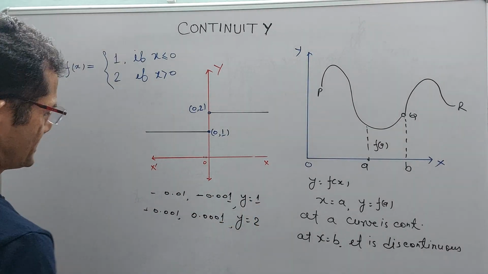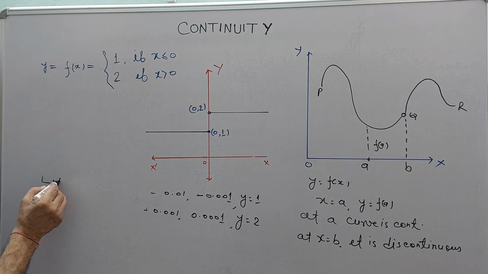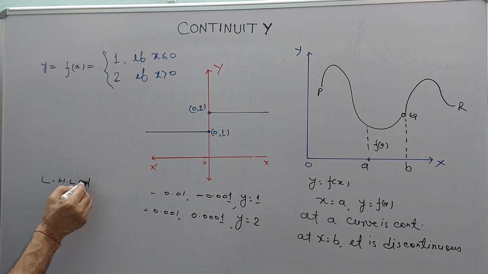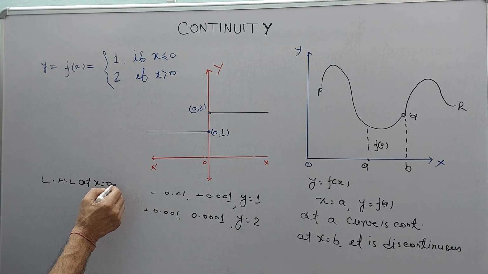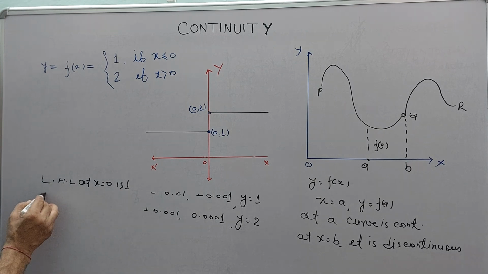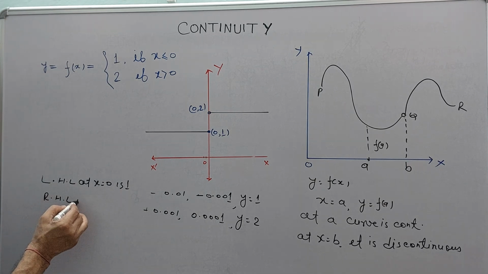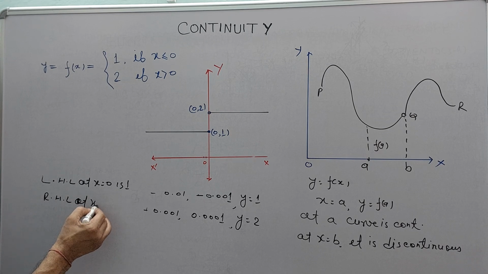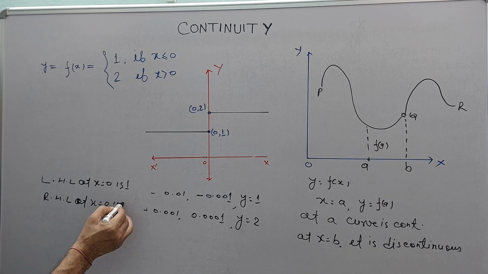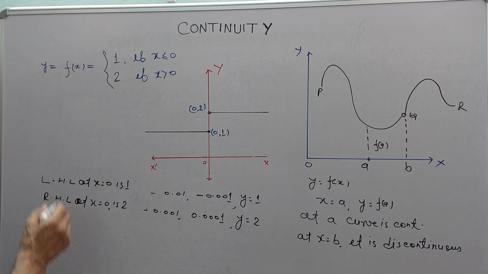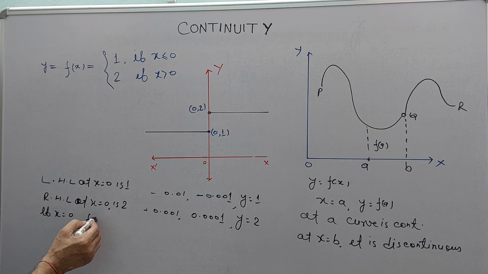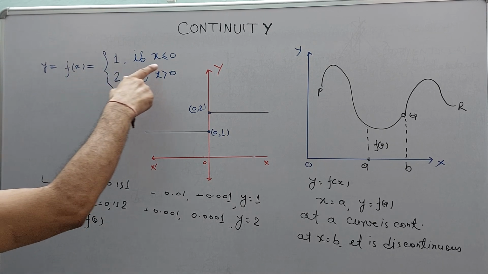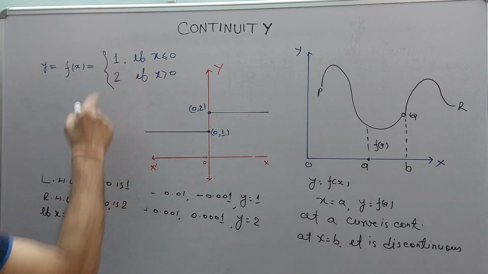So our left hand limit at x equal to 0 is 1, and similarly the right hand limit at x equal to 0 is 2. So both limits are not equal. Also the functional value: if I put x equal to 0, f(x) is equal to 1.